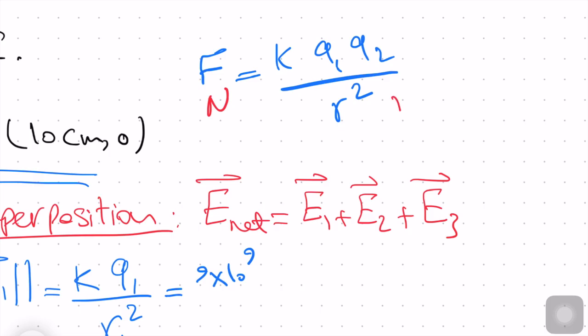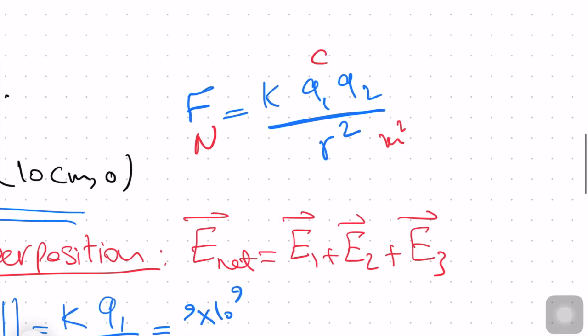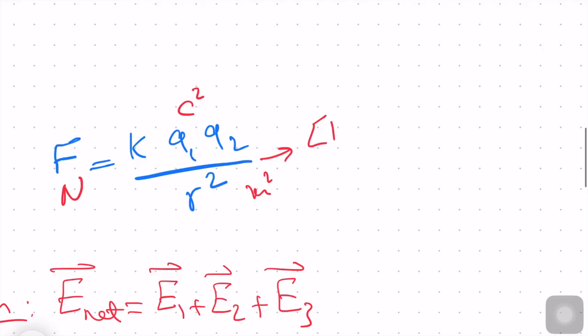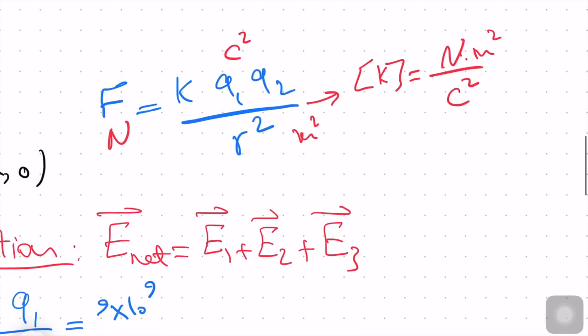Force is Newton, R is meter, so I have meter squared on this side. Each Q is in coulombs, so I have coulomb squared. Then that tells me that the unit for K must be Newton divided by coulomb squared multiplied by meter squared.